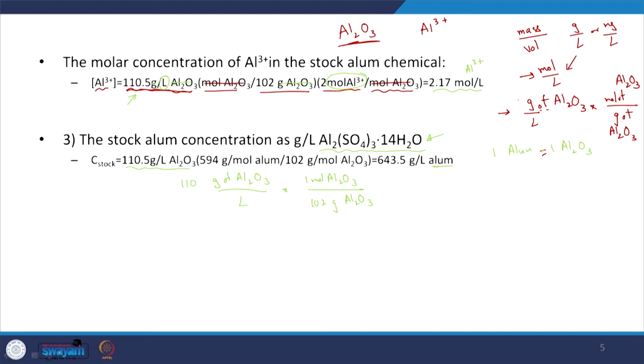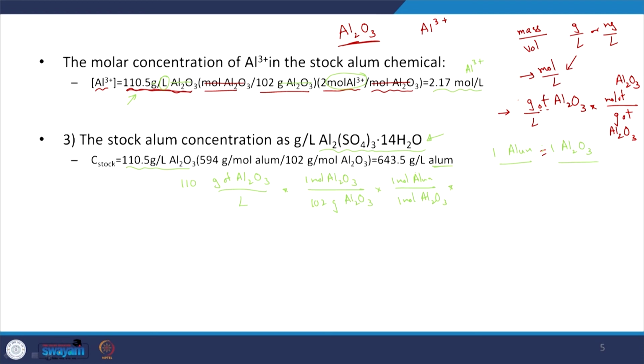So, from here I will have the molar ratio. And here we are saying that it is 1 mole of alum for 1 mole of Al2O3. So, I will then say 1 mole of alum per 1 mole of Al2O3.